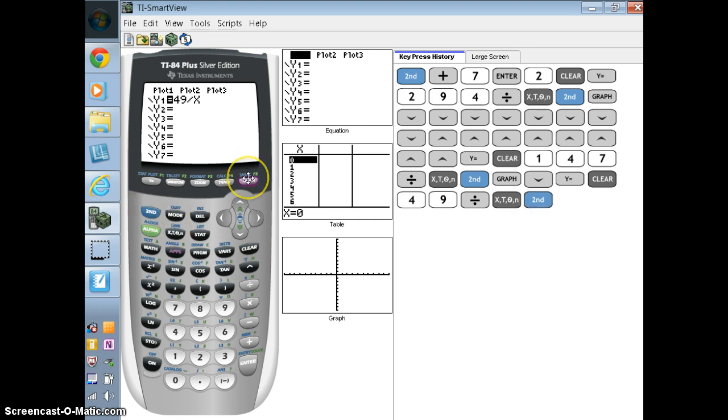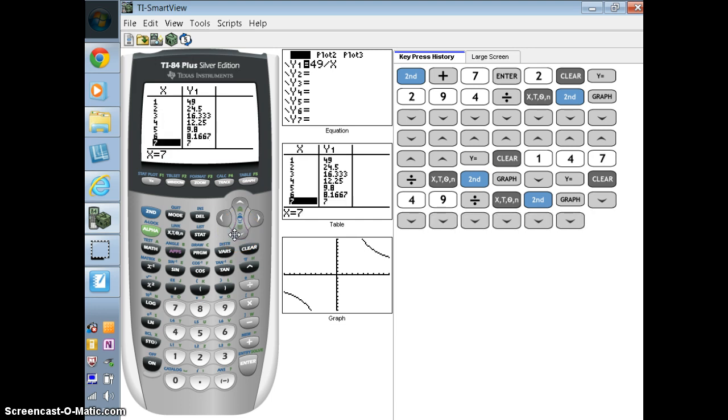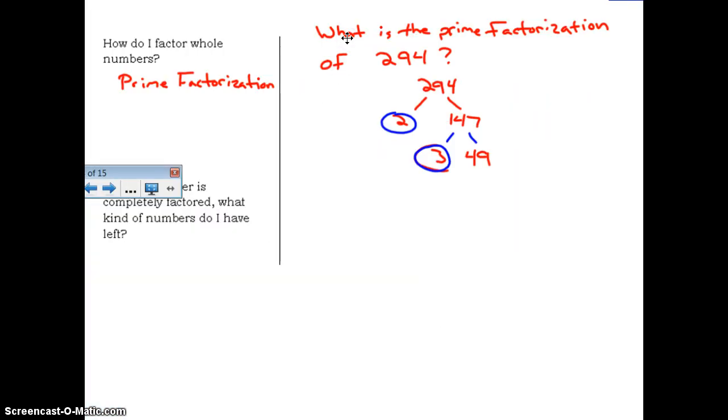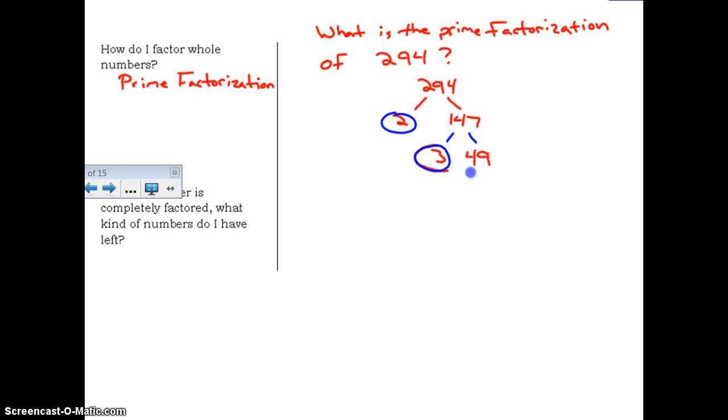Go to the table. And you'll have to do a little scrolling here. As you can see, you have 1 and 49 and then all decimals. But there you go. You have 7 and 7. So 7 times 7 is 49. And 7 and 7 are both prime.